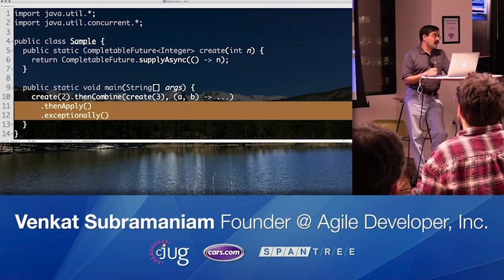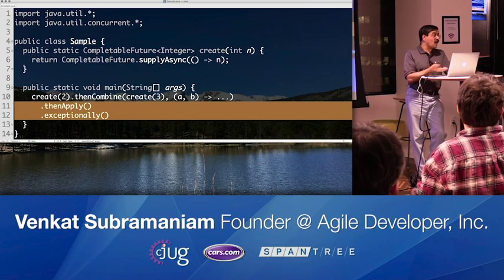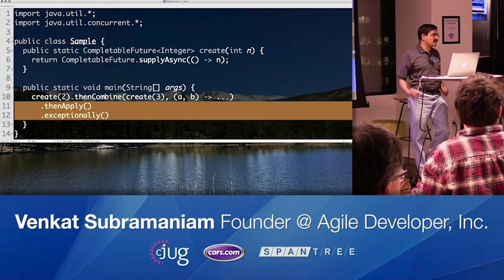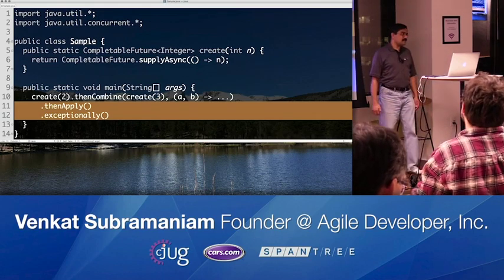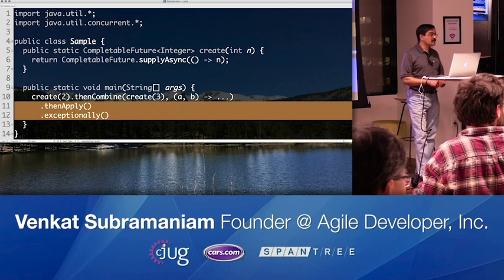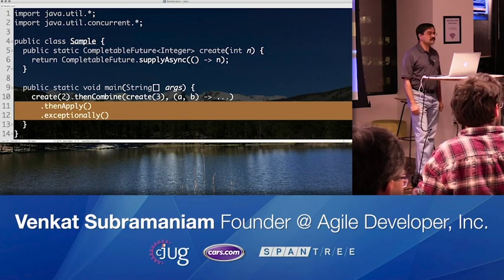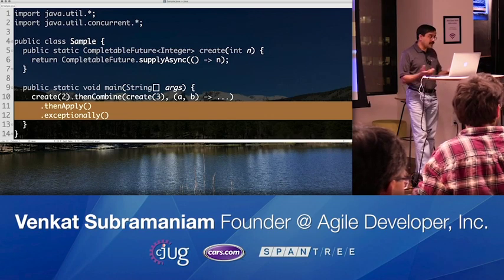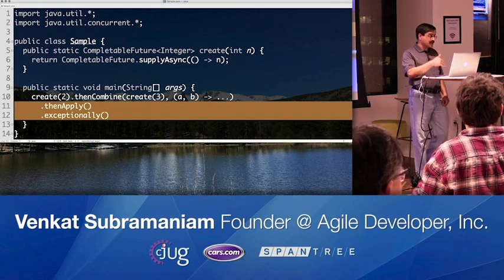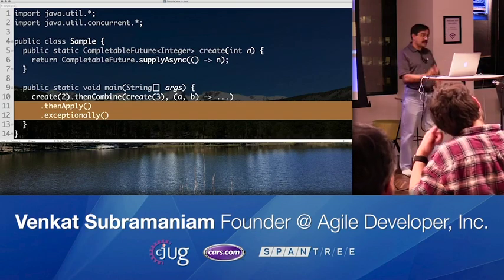Yes, that you can do. And in that case, the exceptionally, or you could complete on timeout too. So it depends on what you do. But if it is complete on timeout, it's fine, because it will go to the then apply. Correct. But if it's a failure, yeah, then you'd go to the exceptionally. That's right. You'll go to the nearest exceptionally at that point.